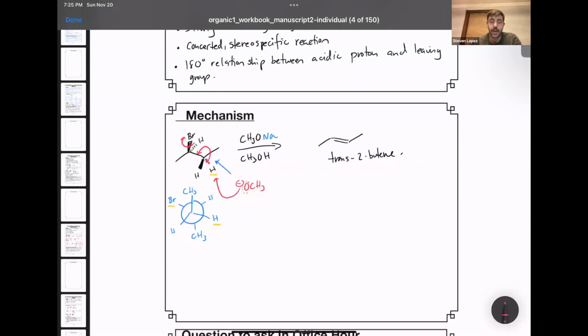The fact that these bonds are breaking and forming at the same time means that the reaction is concerted, and the fact that the stereochemistry of the reactant, that is this alkyl bromide here, dictates the stereochemistry of the product, that makes this reaction stereospecific. So when you show the arrows and follow them, we can draw out the formation of the product, which is just the trans 2-butene.